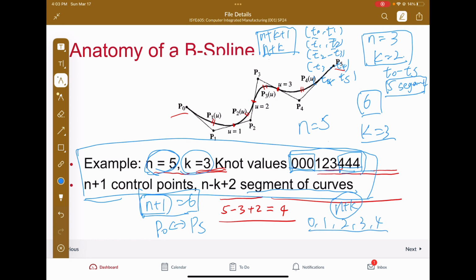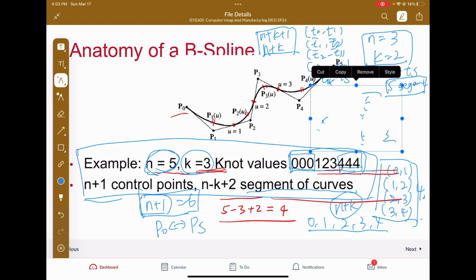So the segments here will be 0 to 1, 1 to 2, 2 to 3, 3 to 4. So this is the actual segments we have, and the number will be 4. So if it's non-periodic, n minus k plus 2 is the equation to calculate the actual segments of the curves.